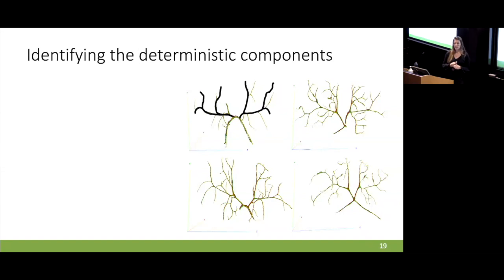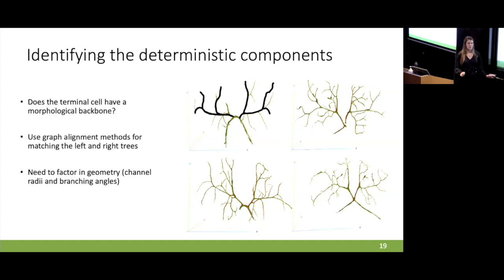This would be analogous to the primary veins of the wing. So we're looking for structures that are present in all of the cells, and we'll call this the morphological backbone. So the first question is, does it even exist?